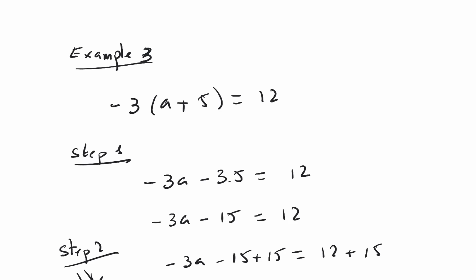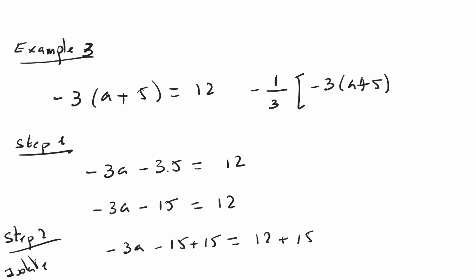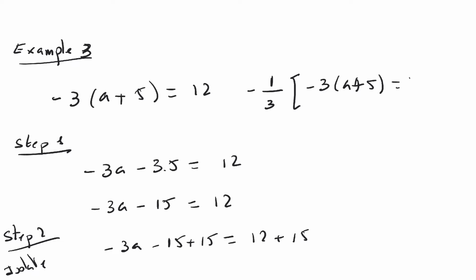So what we do first, the best way to solve this equation is to divide the whole equation by -3, or multiply the equation by -1/3. The equation is -3 times (a plus 5) equal 12.